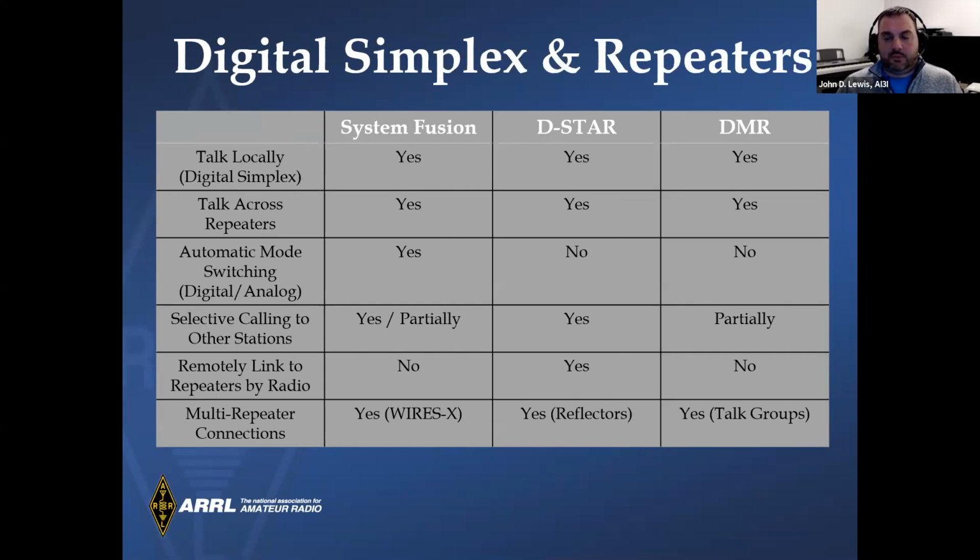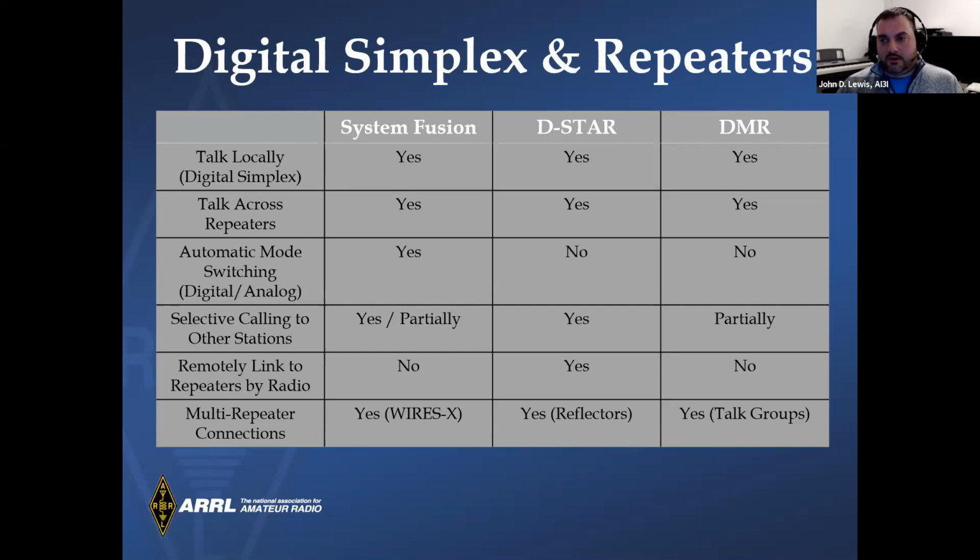Can you talk across repeaters? Yes to all of them. As you're now intimately aware as a club, you have a Fusion repeater. There are lots of Fusion repeaters. I don't know if any of you remember the history. Yaesu was selling Fusion repeaters to ham clubs for $500 a pop a few years ago, and they sold like hotcakes everywhere. So more people than not have Fusion repeaters, and it's gaining a lot of adoption for that reason, I think.